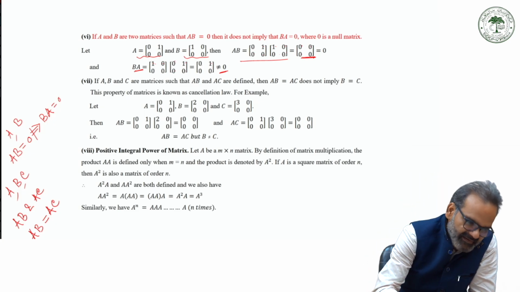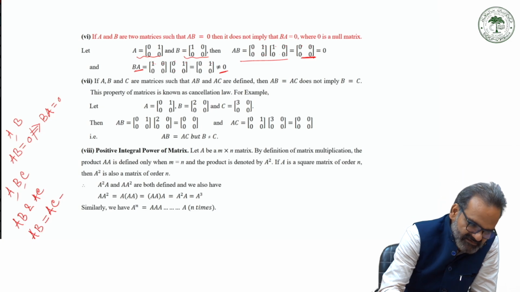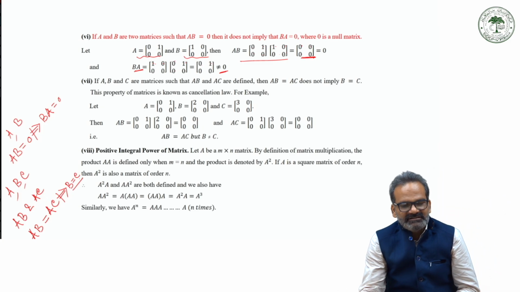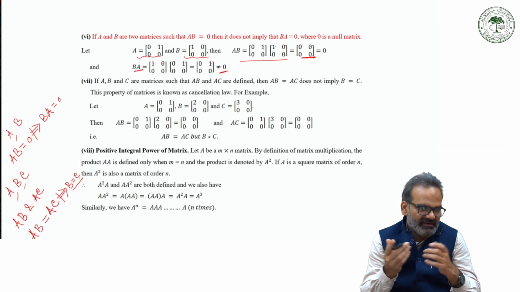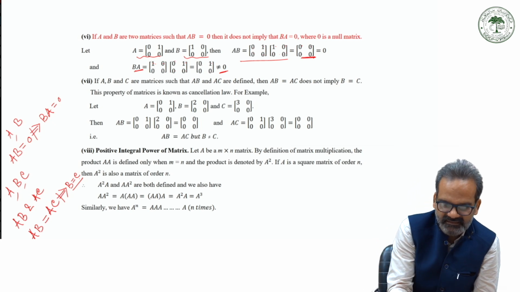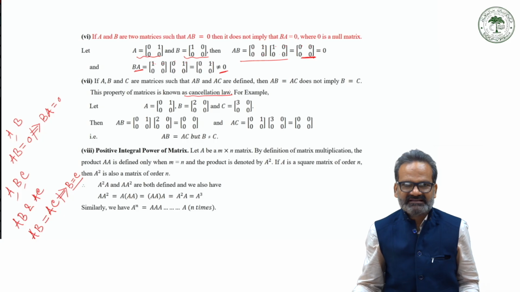If AB and AC are equal, then this does not imply, be careful, B is equal to C, right? This property is also a very famous property, and this property is known as cancellation law, right? This is also a very good property. This property is known as cancellation law.